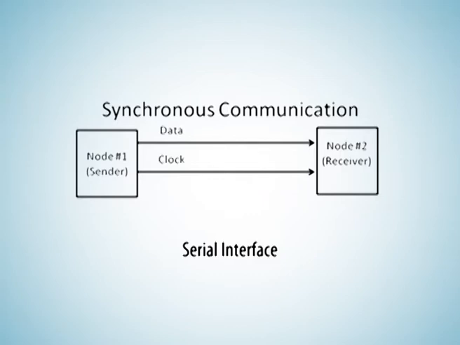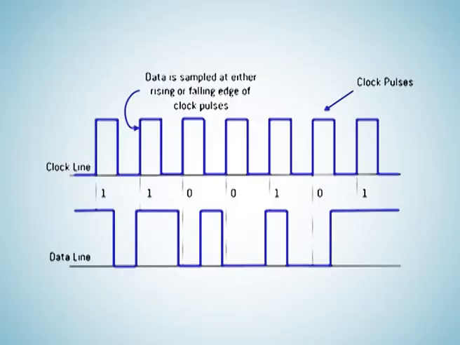In synchronous communication, the sender's clock is sent to the receiver's node along with the data on a separate wire. The receiver's clock is replaced by the sender's clock or made a replica of it by a special synchronizing circuit. The sender sends out a new data bit at a particular phase of the clock, say its rising edge.